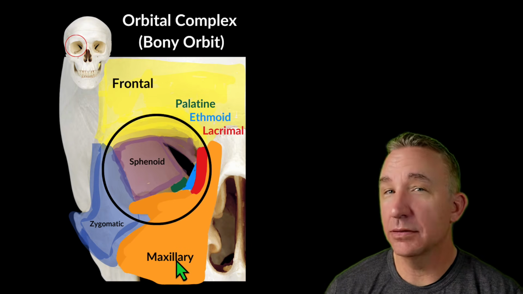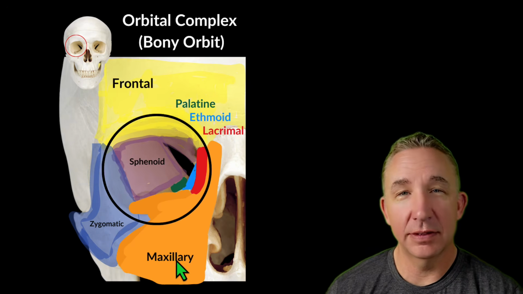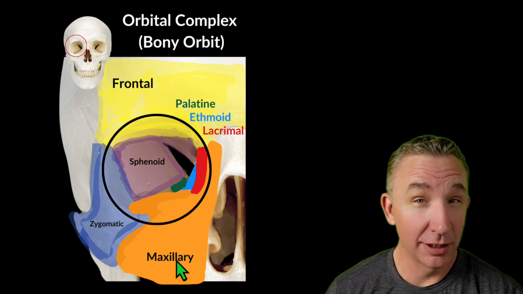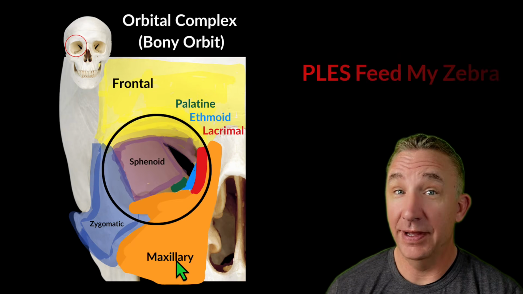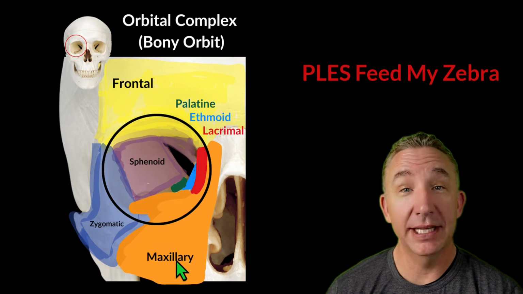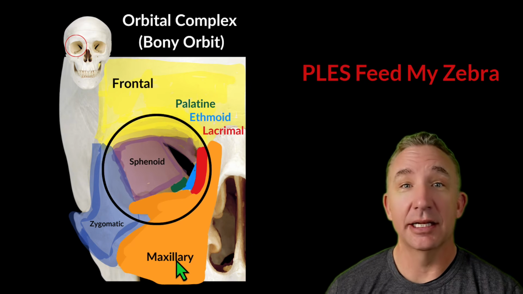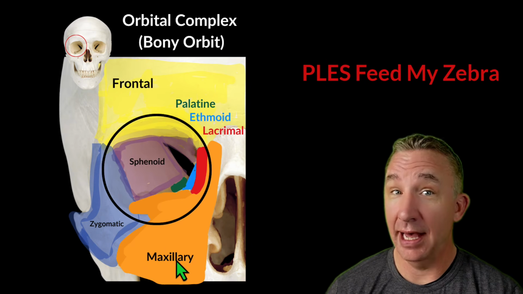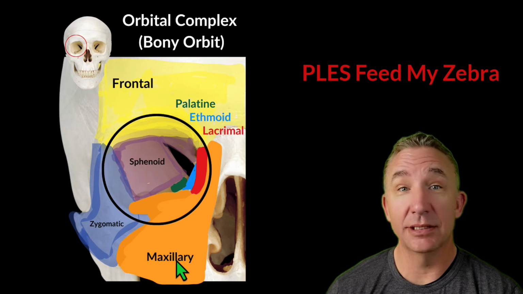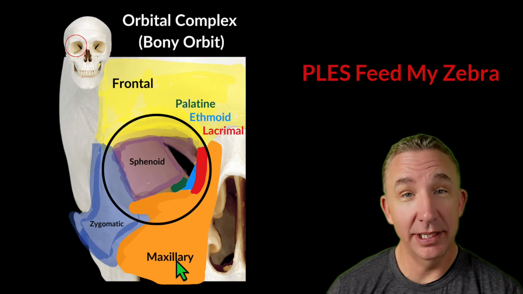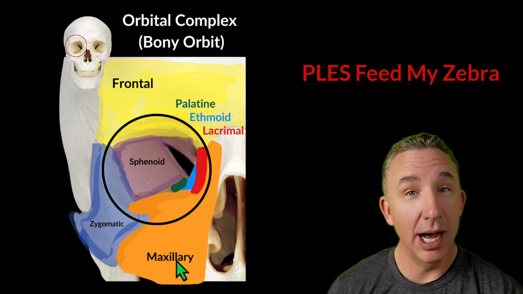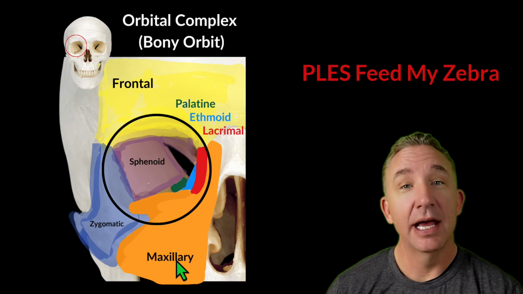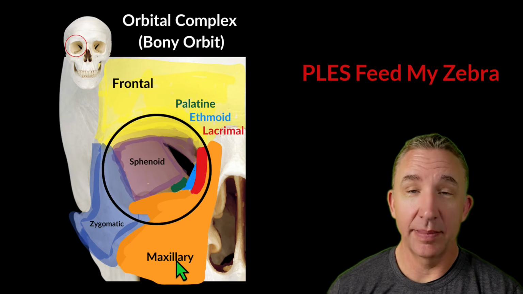So we'll often use a mnemonic for these. You'll see different ones out there. I prefer you just learn the bones, but one I see students use is called Please Feed My Zebra, but please is spelled incorrectly. It's spelled as P-L-E-S. So the P-L-E-S means palatine, lacrimal, ethmoid, and sphenoid. And then the F is my frontal, the M is maxillary, and Z is the zygomatic.